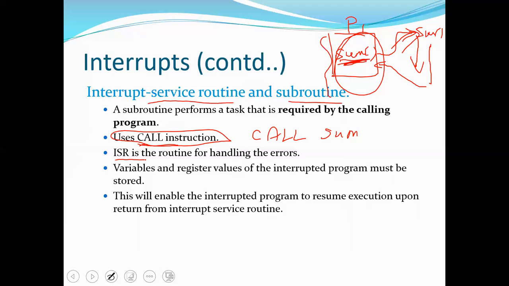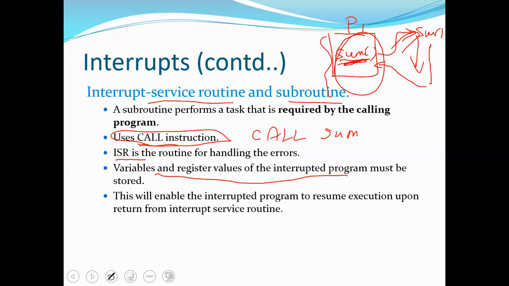Okay, so that is the difference between the calling of an interrupt service routine and the subroutine function. And here the variables and register values are stored so that they can be retrieved back once the function returns to the main program.